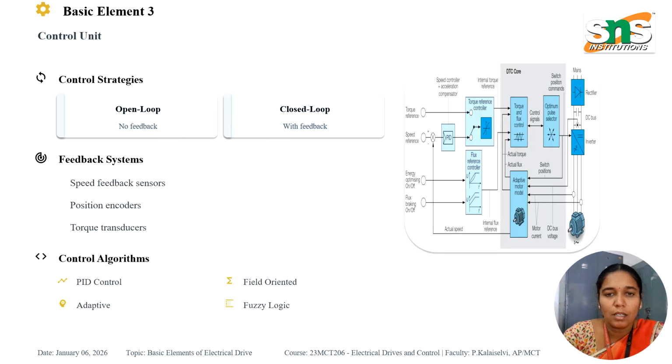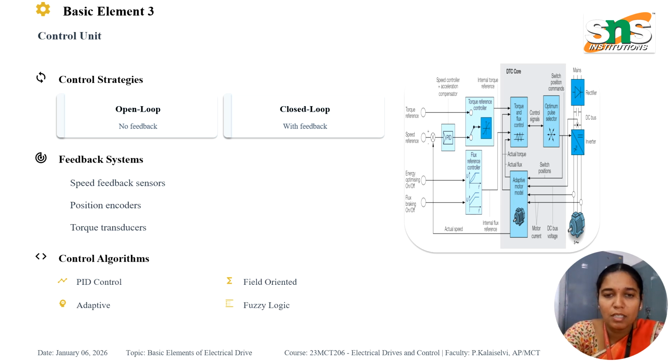The next element is the control unit, which is the brain of the drive. It has two main strategies: open loop control and closed loop control. Open loop control has no feedback. It is simple and cheaper but less accurate. Closed loop control uses feedback for high accuracy and stability.